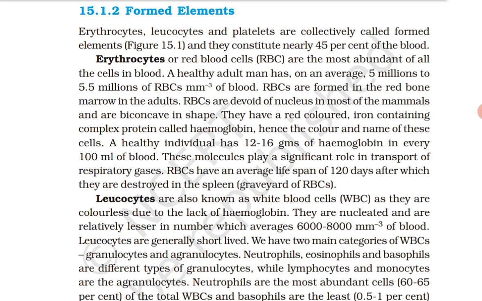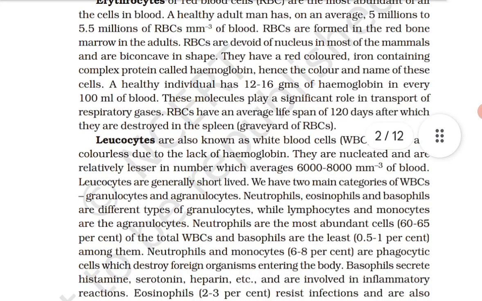This molecule plays a significant role in transport of respiratory gases. RBCs have an average lifespan of 120 days, after which they are destroyed in the spleen, that is the graveyard of RBCs. Leukocytes are also known as white blood cells, WBC, as they are colorless due to lack of hemoglobin.